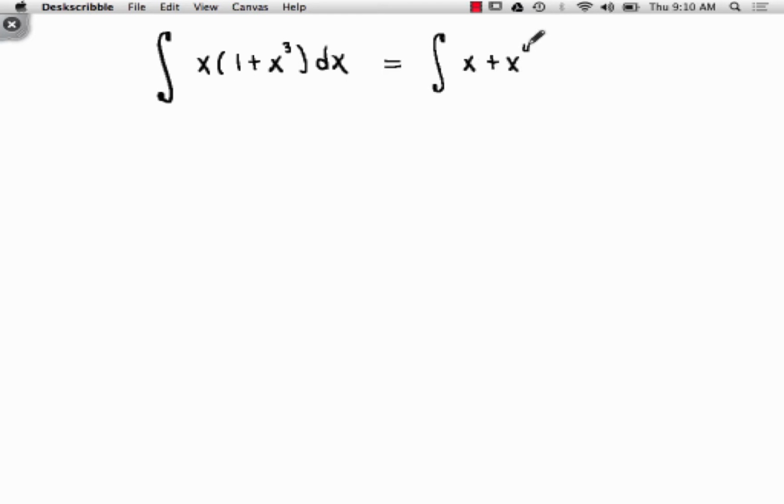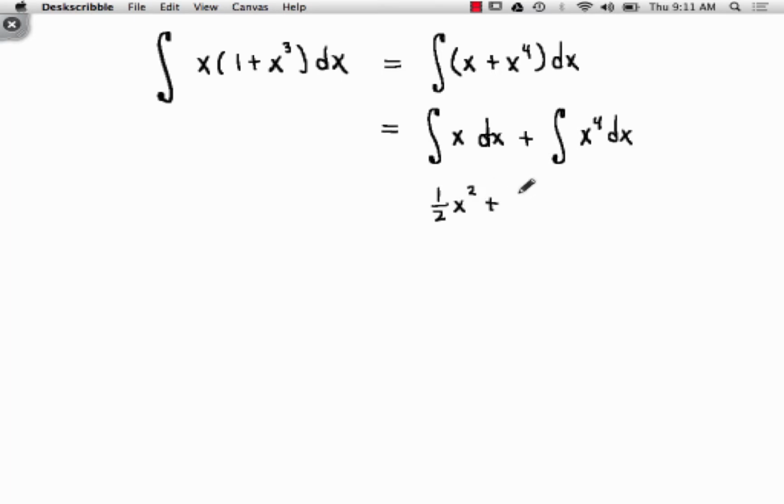So what I'm going to do first is write it like this. And then I'm going to use the fact that since this is a sum, this is the antiderivative of x dx plus the antiderivative of x to the 4th dx. So it's 1/2 x squared plus 1/5 x to the 5th plus c.